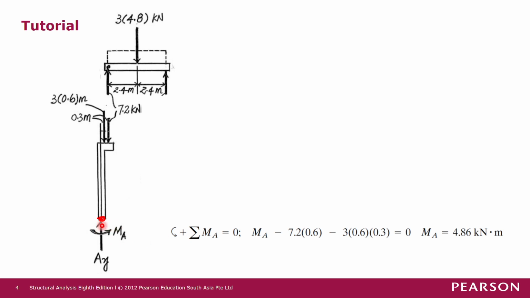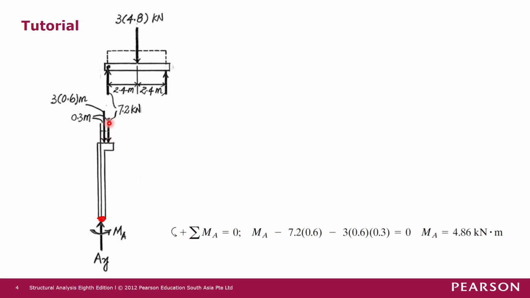The direction of MA is assumed in the first place. MA is assumed to be anti-clockwise, so MA has a positive sign. Then we look at the 7.2 kilonewton force first.